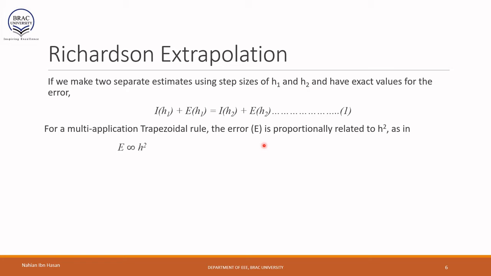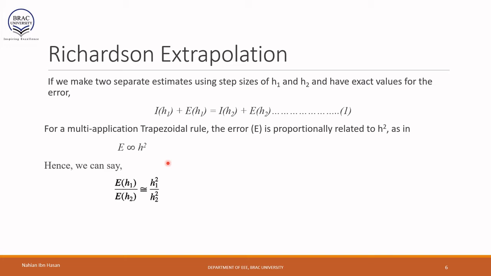For a multiple application of the trapezoidal rule that we have already learned in a few slides before, we can easily denote the error term E, which is a truncation error, as proportional to the square of the step size. This is an empirical formula which can be used with equation 1. So E is proportional to the square of the step size, or the segment width.